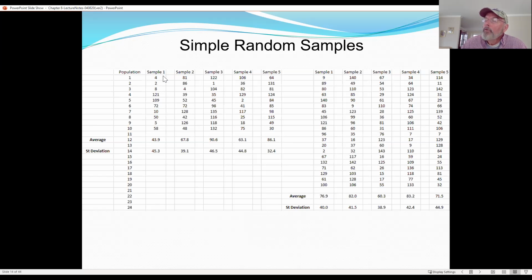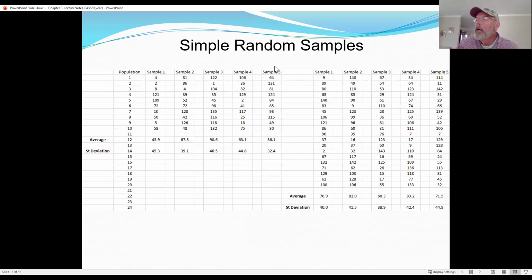And what I wanted to impress upon you is that these samples are very different from one another, okay? And that's why I have the average right here, to show you that the average of each one of the samples is quite different.